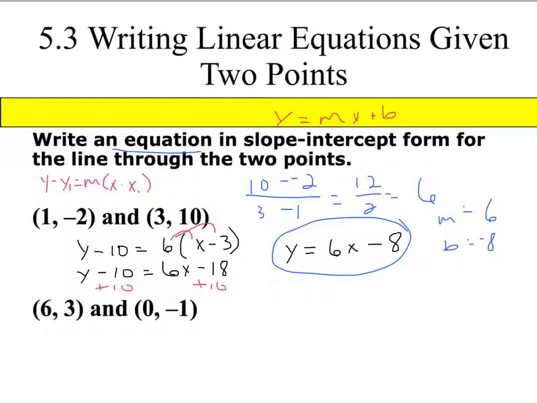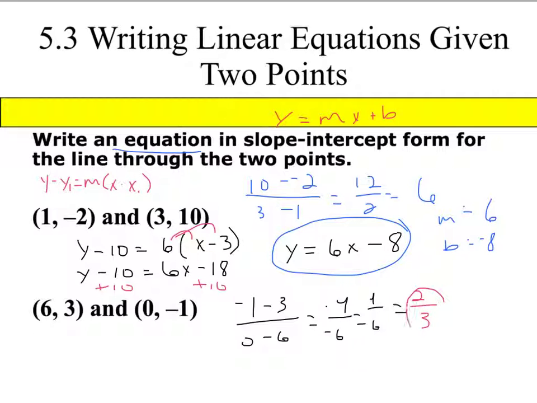Okay, next one. Again, I have my points there. I'm going to take negative 1 minus 3 over 0 minus 6. I now have a negative 4 over negative 6. I can simplify this to a positive 4 over a positive 6, which also can be simplified to 2/3.